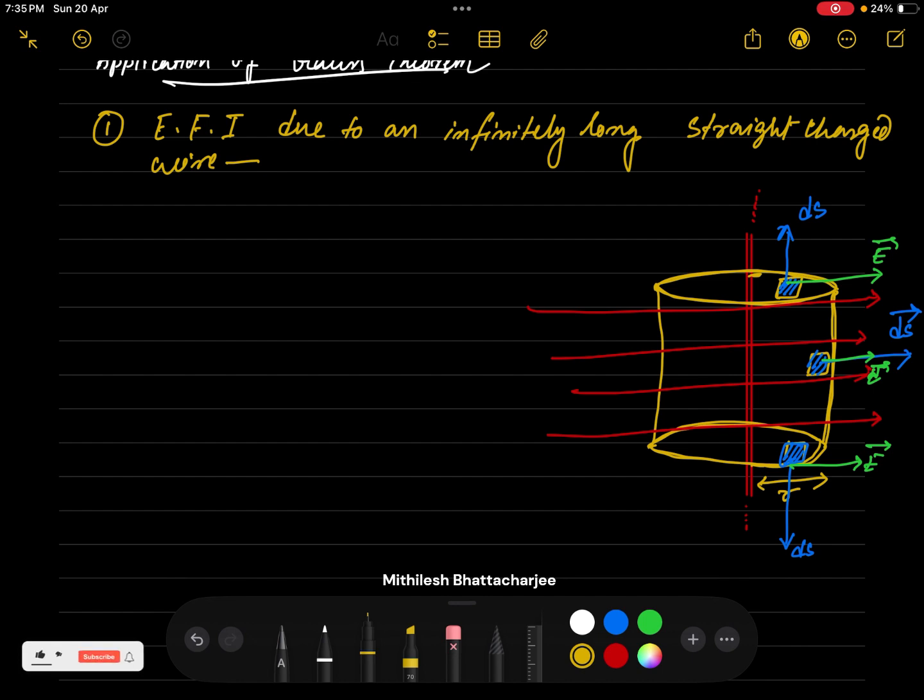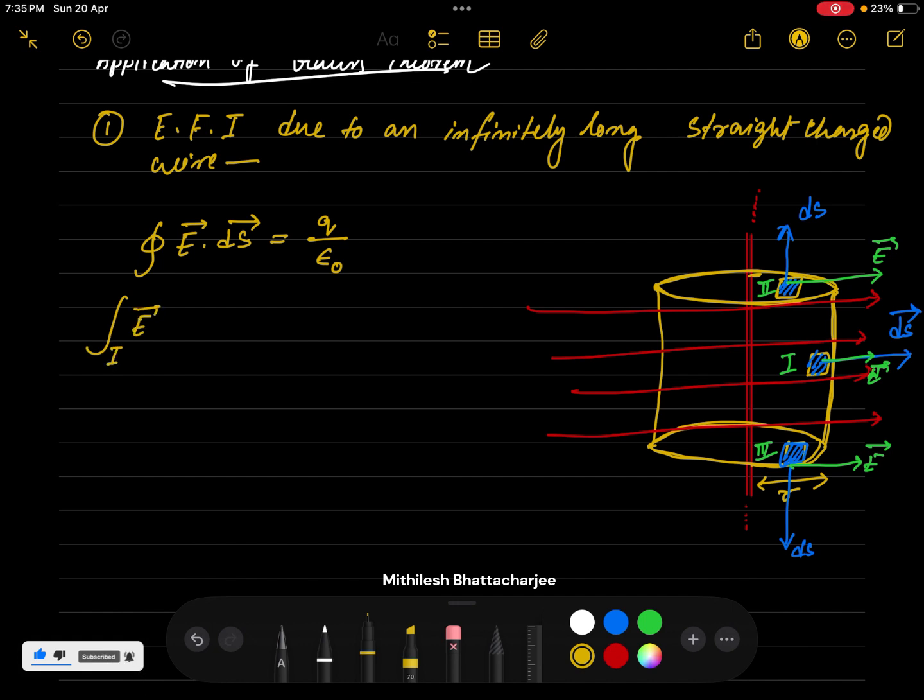As per the Gauss theorem, we know the surface integral of E dot ds is q by epsilon naught. By using this formula, we can find E, the electric field intensity. Now put the three surfaces: this is the first surface, this is the second, and this is the third.